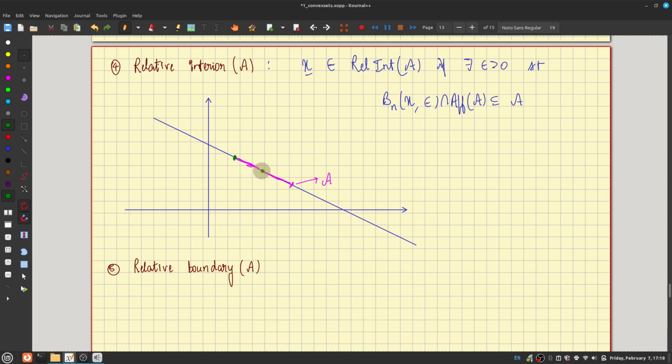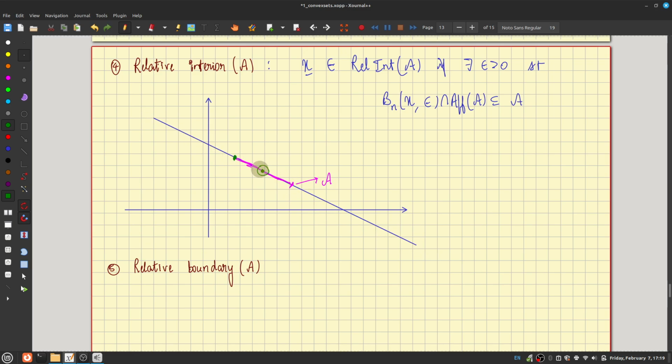Okay, let's take this particular point and let me draw a ball of radius epsilon around it. Epsilon is something that is very, very small. If I take this entire ball, it protrudes outside A. But what is the intersection of the ball with the affine hull of A? What is the affine hull of A? It is this entire straight line.